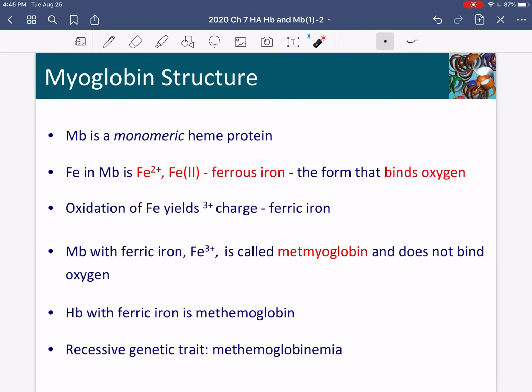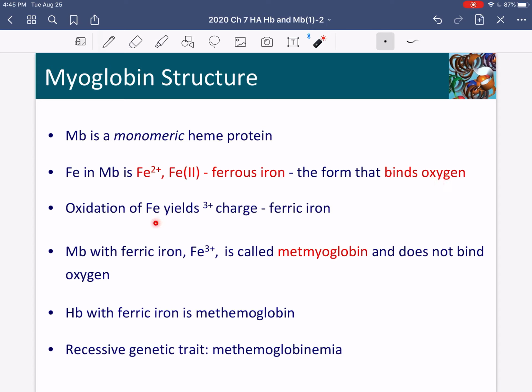All right, so myoglobin also binds to the heme iron and coordinates it in exactly the same way. So it's also ferrous iron, and then the 6th ligand is oxygen that binds at a tilt, just like in the last slide.